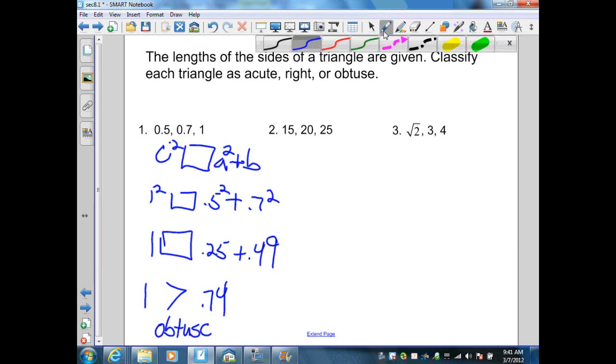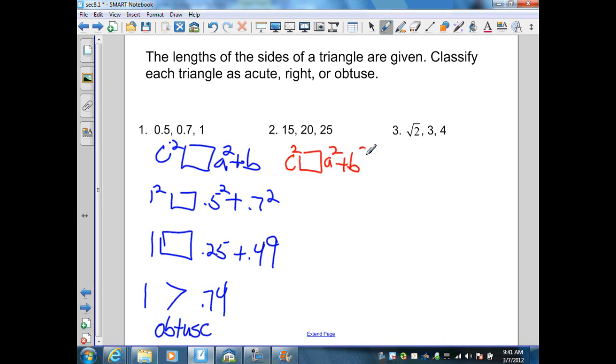Next, I have 15, 20, and 25. If I do the same thing as before, I'm going to have c squared compared to a squared plus b squared. My largest segment is 25 squared, which is going to be 625, compared to 15 squared, which is 225, plus 20 squared, which is 400.